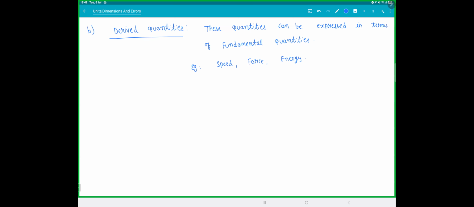The third one are supplementary quantities. So we have 2 supplementary quantities. One is your plane angle.